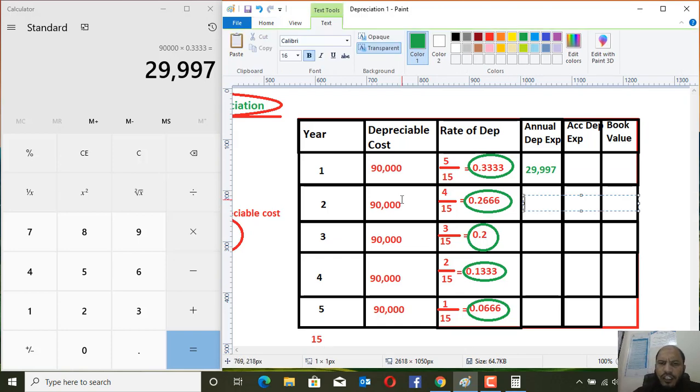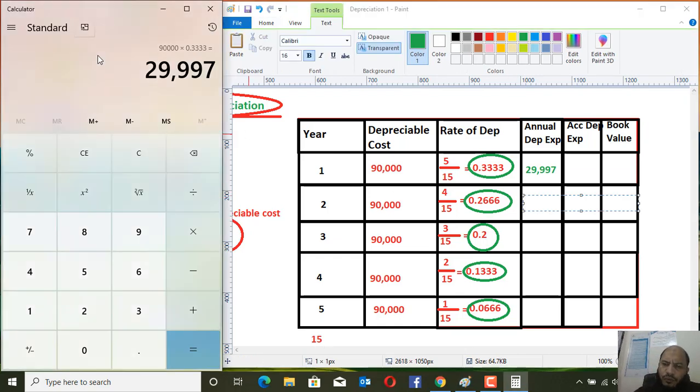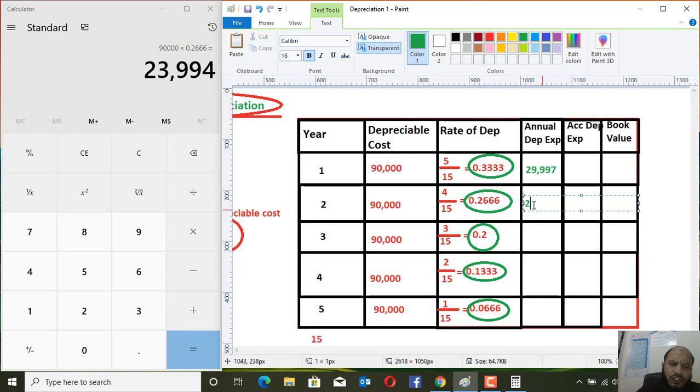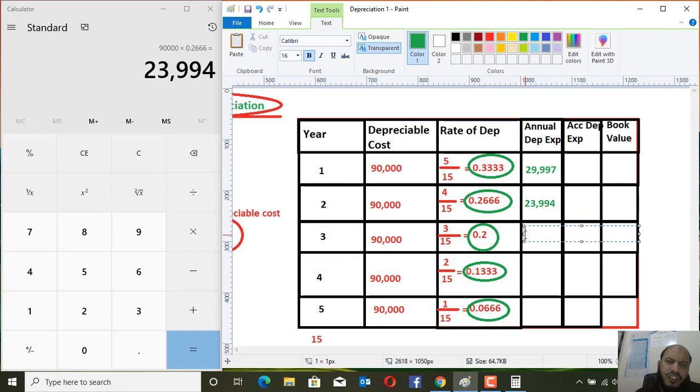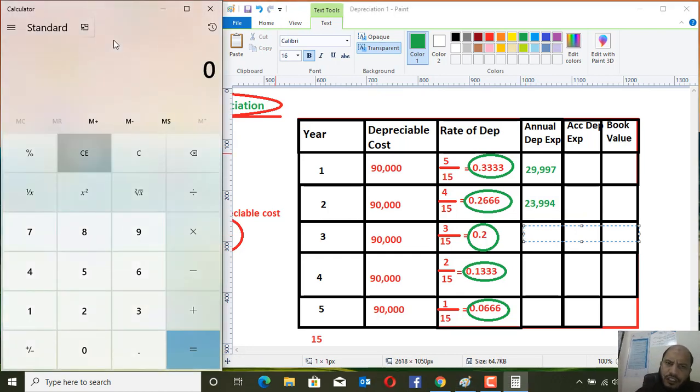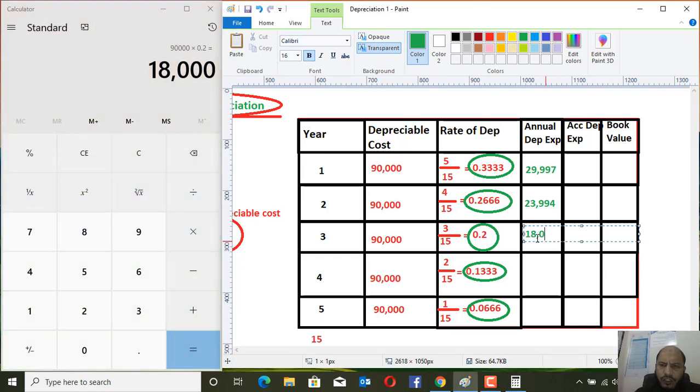What about year 2? Again we have the same value, 90,000, and we multiply it with 0.2666. It is equal to 23,994. This is our next year annual depreciation expense. Then again 90,000 multiplied by 0.2 is equal to 18,000.